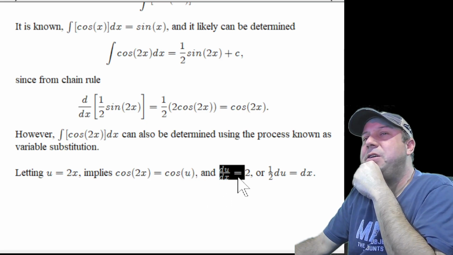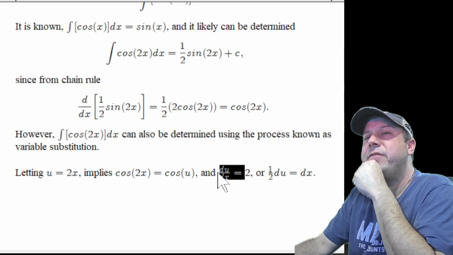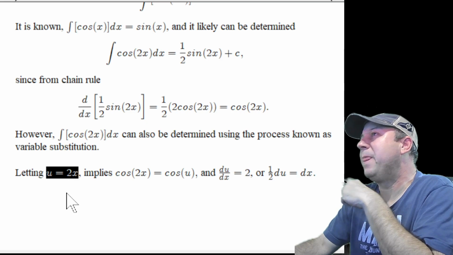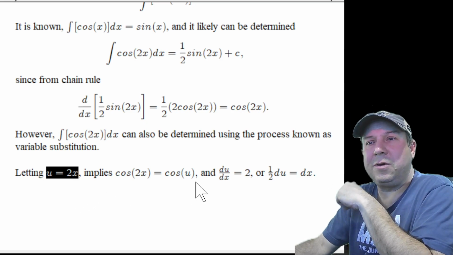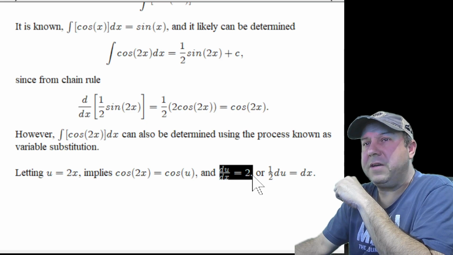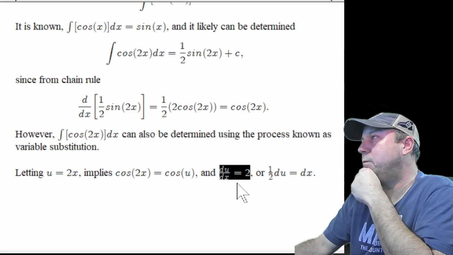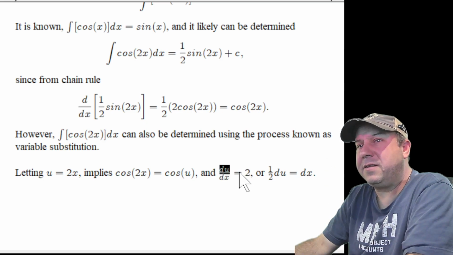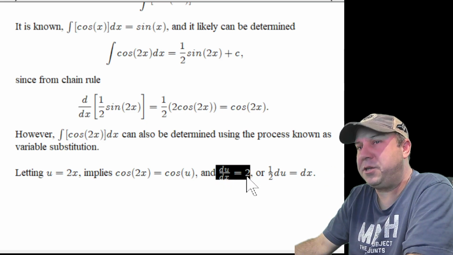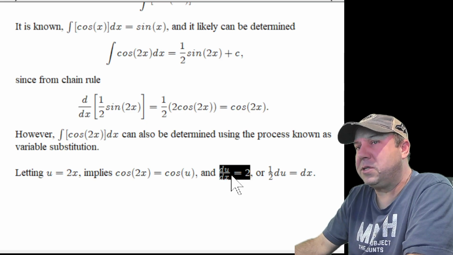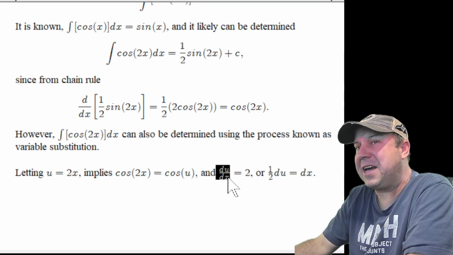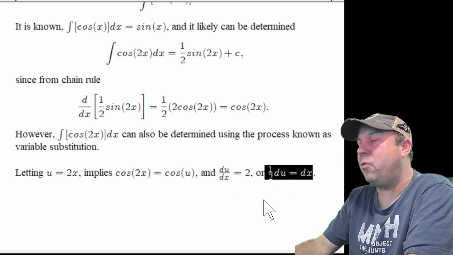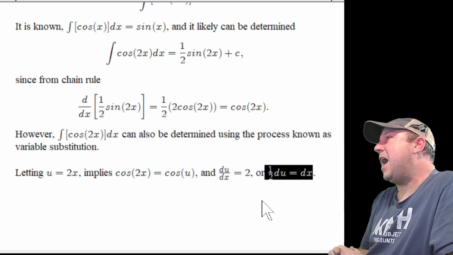And the statement du dx, the derivative of u with respect to x, would be equal to simply 2. With a little bit of algebra, dividing both sides of this equation by 2 and multiplying both sides by the differential dx, we could rearrange this statement into saying that 1/2 du must be equal to dx.